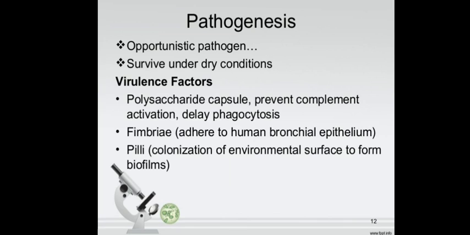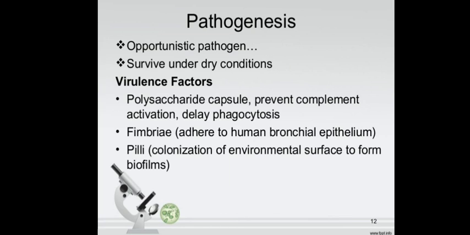By coming in contact with the patient or a surface infected or contaminated with Acinetobacter, they can cause infection easily. Now, what are the virulence factors, or how can they cause infection in any particular person?